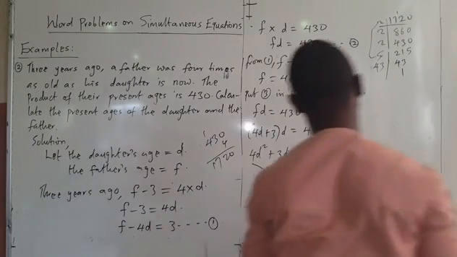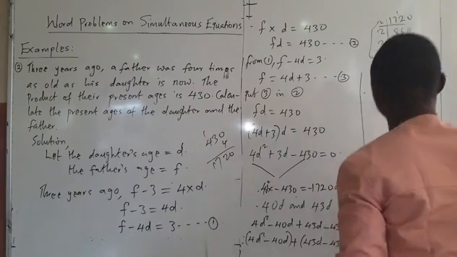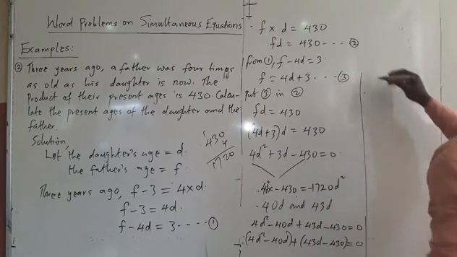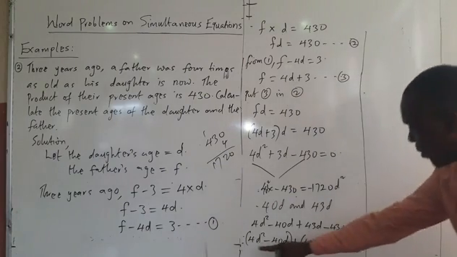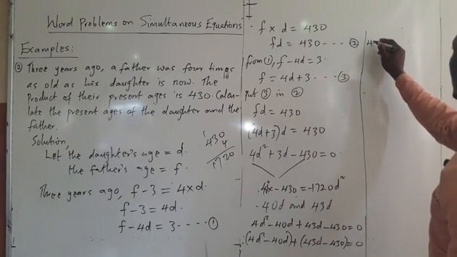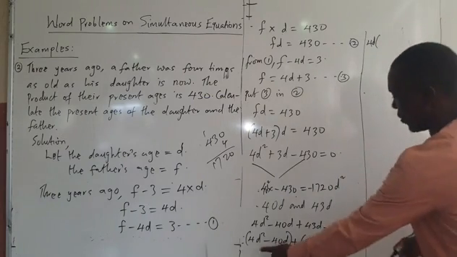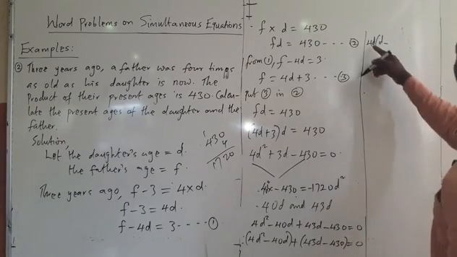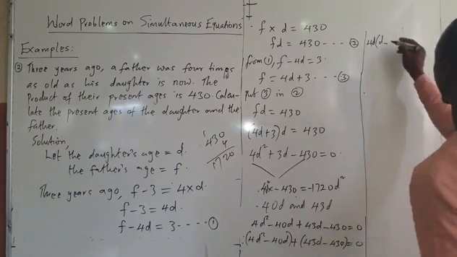The next thing to do is to look for the common factor. The common factor here is 4d. So we have 4d into 4d squared, so you are left with d, minus 4d into 40d, that's 10.